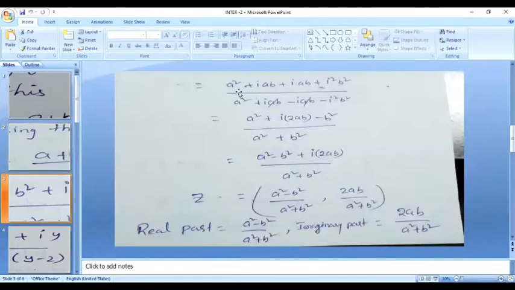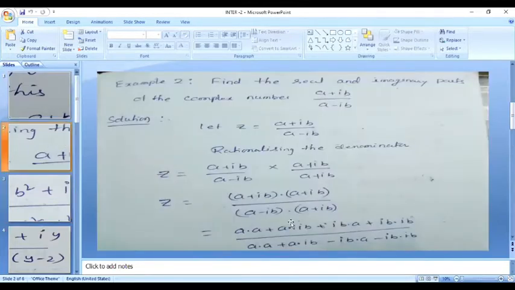Now a into a becomes a square, and a into ib is iab, and the same as here, ib into a is iab only.